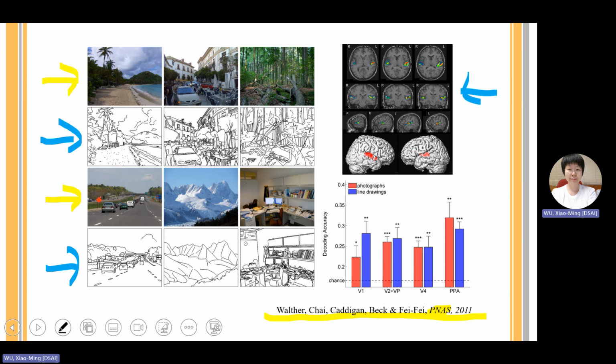These are the fMRI data. Okay, and then they train an algorithm to classify, to decode the category of the images from the fMRI data.